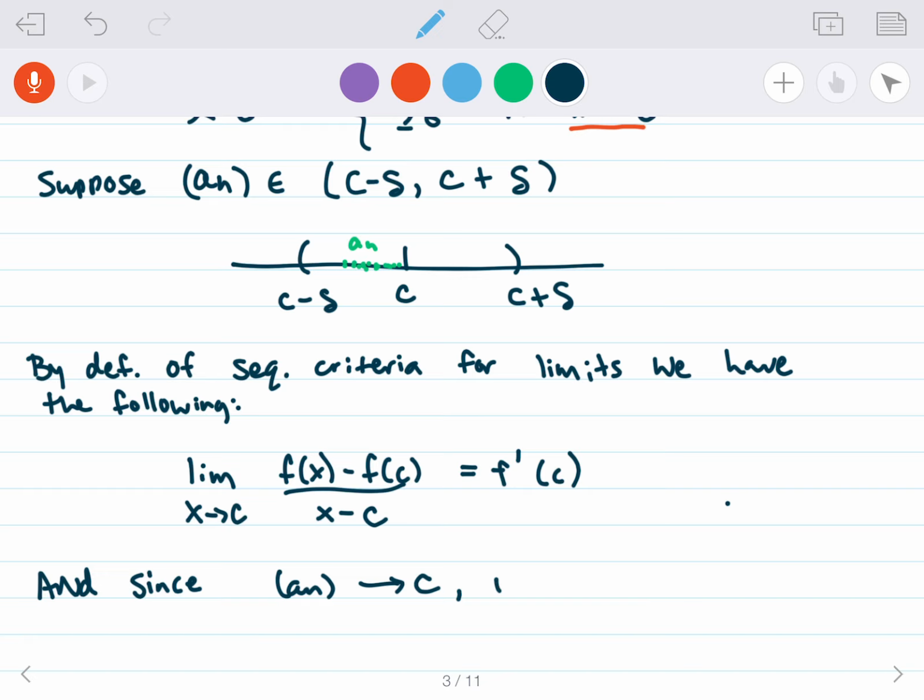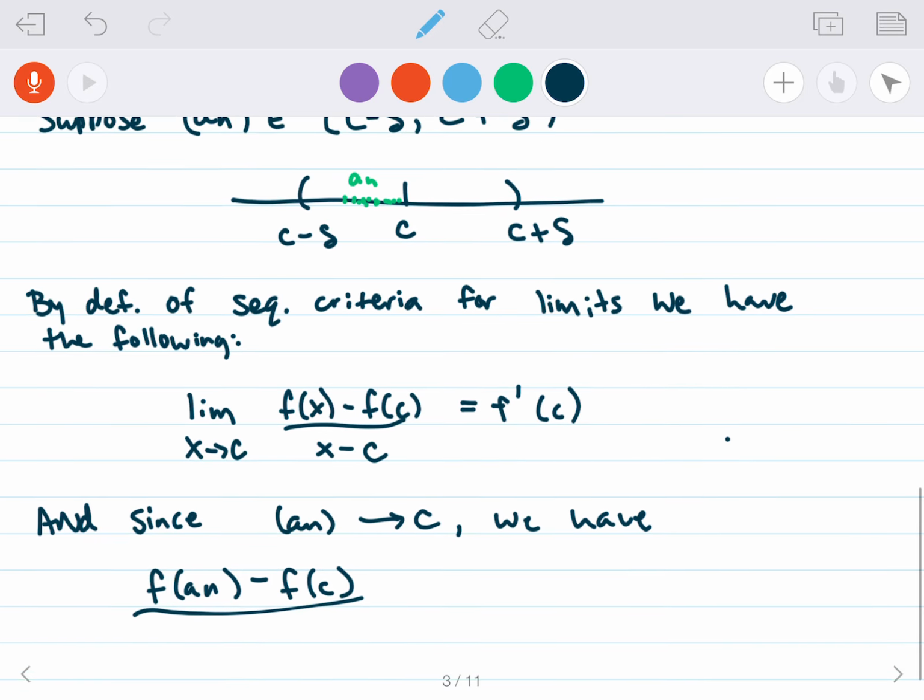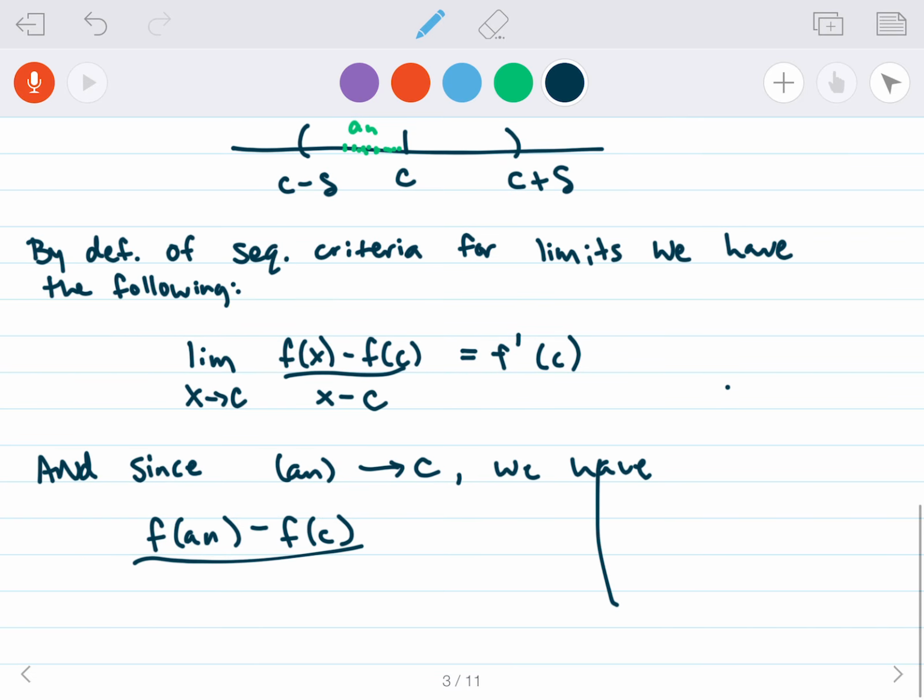So I'm just plugging in a sub n: f of a sub n minus f of c over a sub n minus c. I guess it's not going to let me go down much further, so we might have to backtrack, but that's okay. So this is converging to f prime of c.